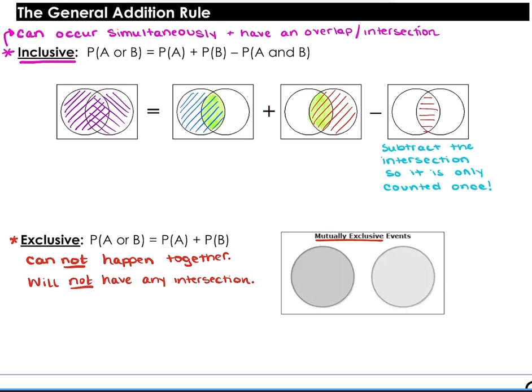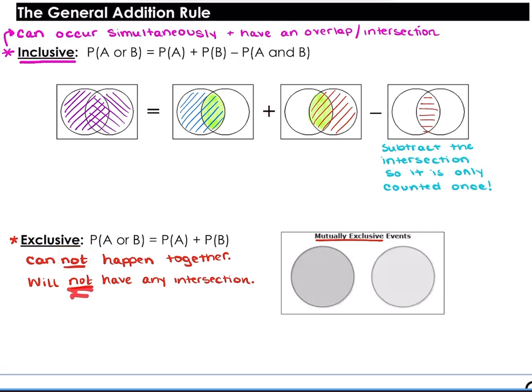This is true for inclusive events. Inclusive events are two events that can occur simultaneously, and they can possibly have an overlap or an intersection. We also might come across exclusive, or mutually exclusive, events, and these are things that cannot happen together.